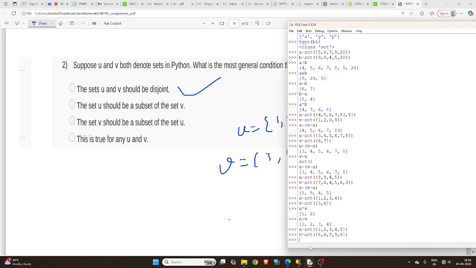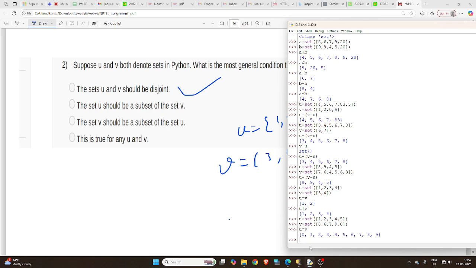Now u ^ v means the elements of u and v which are not present in the common part.